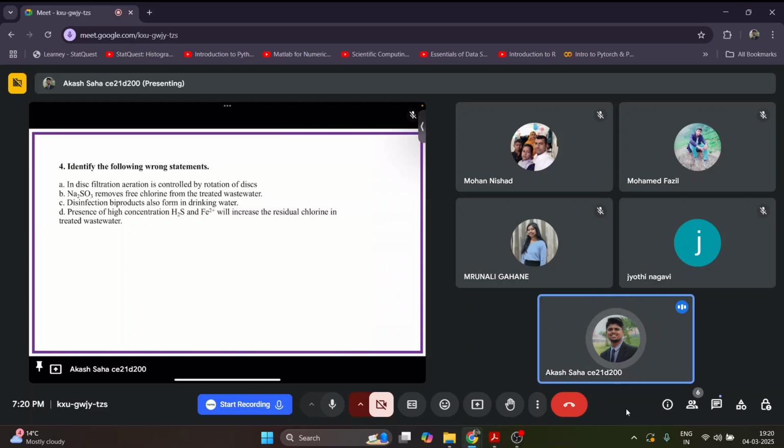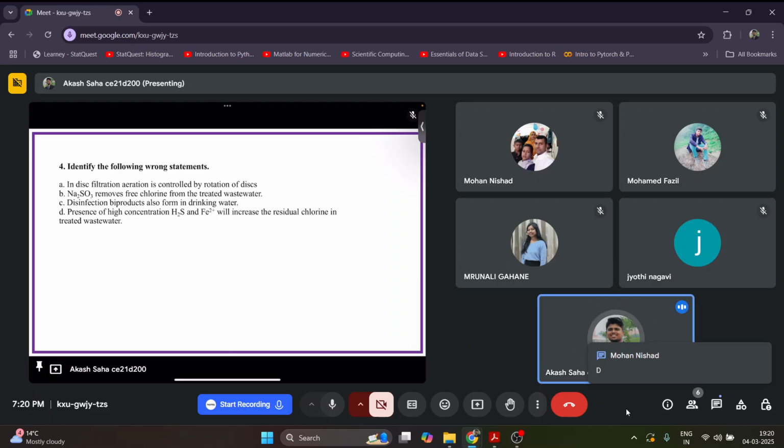Then disinfection byproducts also form in drinking water. Then presence of high concentration of H2S and ferrous ions will increase the residual chlorine in treated wastewater. So we have four statements talking about different things. Just go through them one by one and tell me which one of them is incorrect.